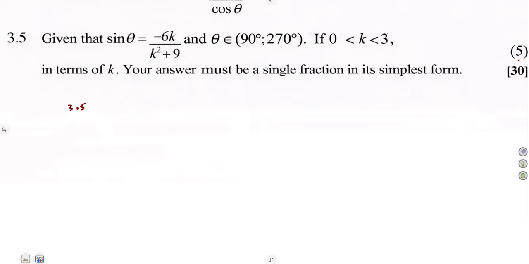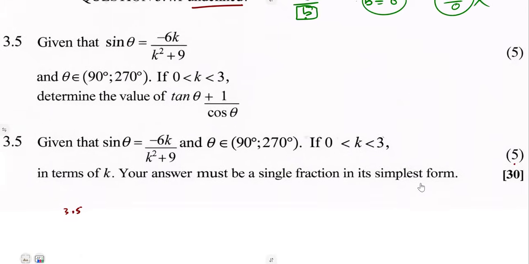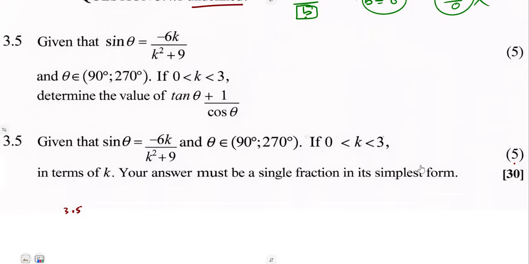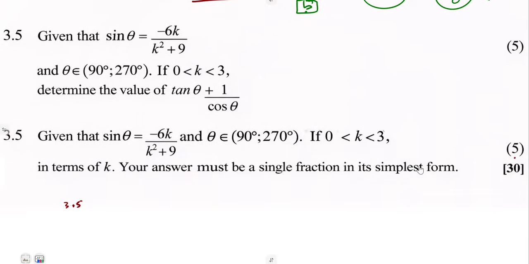So the question was, in terms of k, there's a statement that was left here. Sorry for that.